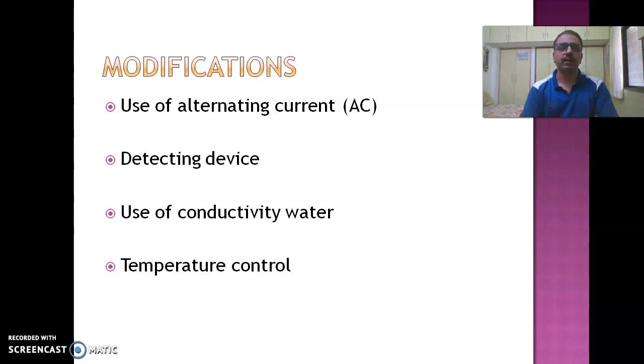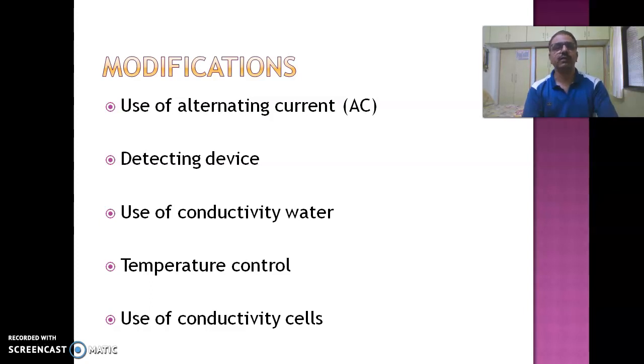How one can attain temperature control, we will see under this point. And the last one is use of conductivity cells. All electrolytic conductances can be measured by a special device called a conductivity cell. So we will see all these five points one by one.